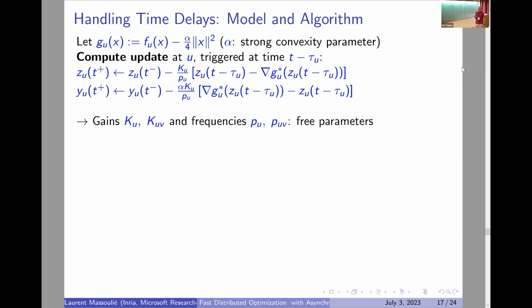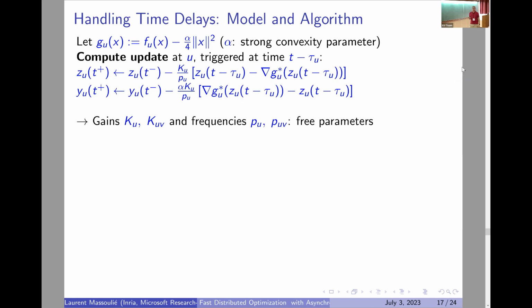And then if node u decides at time t minus tau sub u to do a compute update, then the output of this compute update will be a dual gradient of this function g evaluated at its variable z at time t minus tau_u. And so once this compute update is done, which is certainly the case at time t, it updates its z variable and y variable using these quantities that have become available at time t.